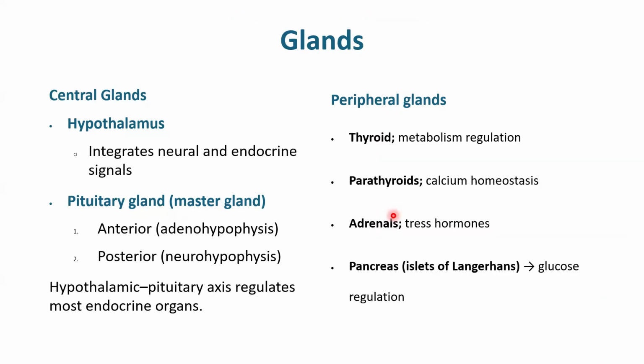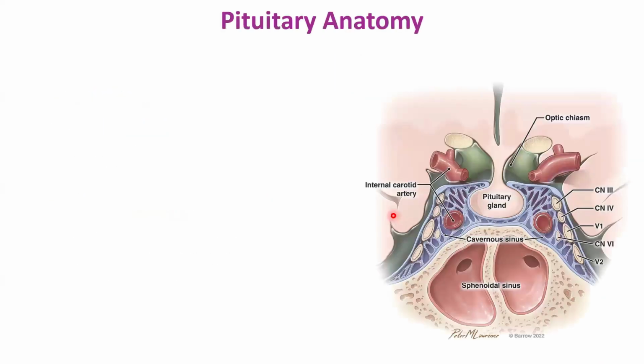So the first thing I'll check today is the pituitary gland. Here we have the hypothalamus, and it descends to give us the pituitary gland. You can see part of the skull, and these are the various cranial nerves.